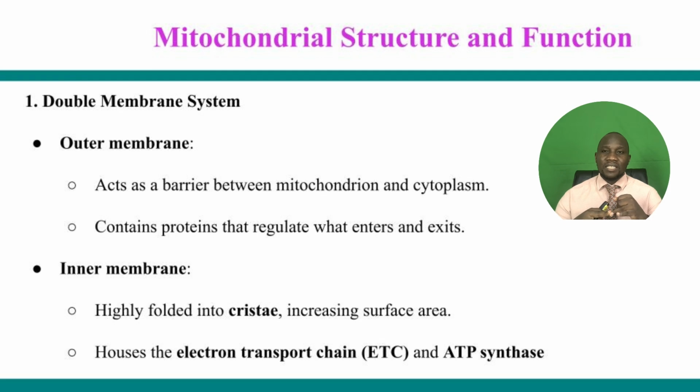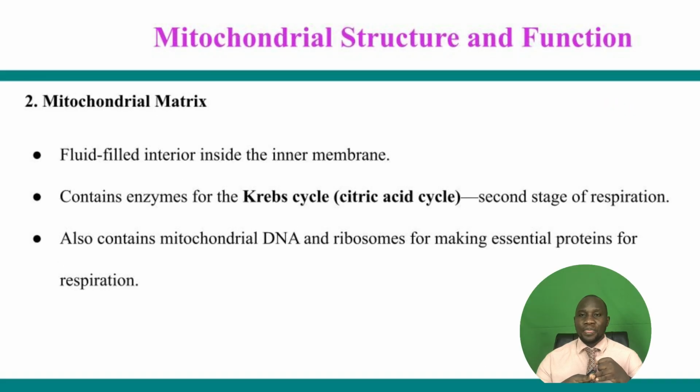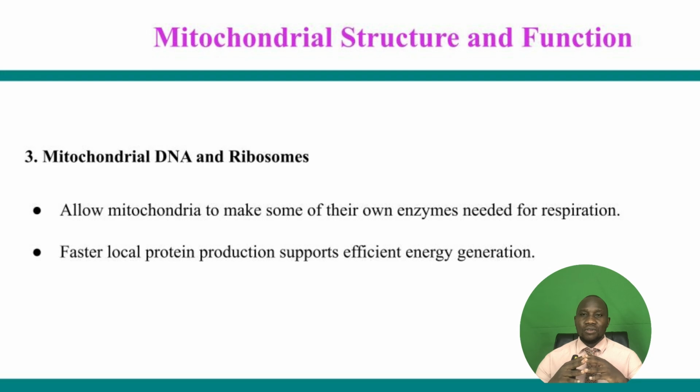Second, the inner membrane of the mitochondria also has enzymes that are required for this process, and the matrix also has enzymes that are required for the Krebs cycle. That is how we can relate the mitochondrial structure to the processes of respiration. Within the mitochondria, you have the last two stages of respiration, the Krebs cycle and the electron transport system.